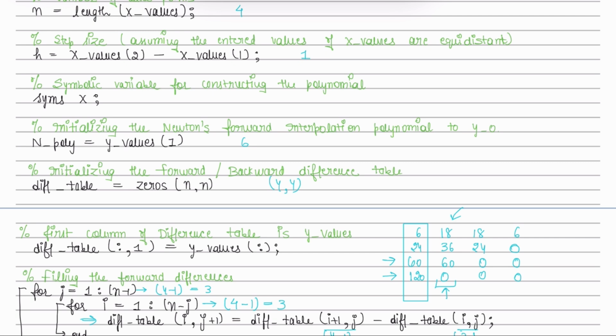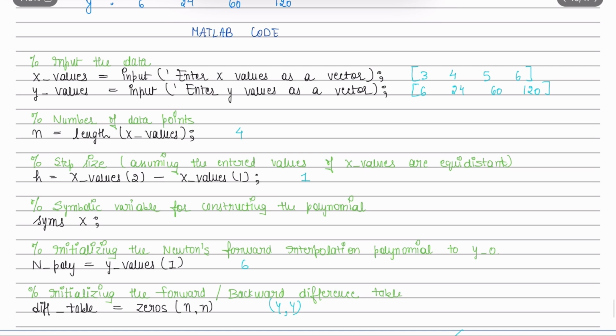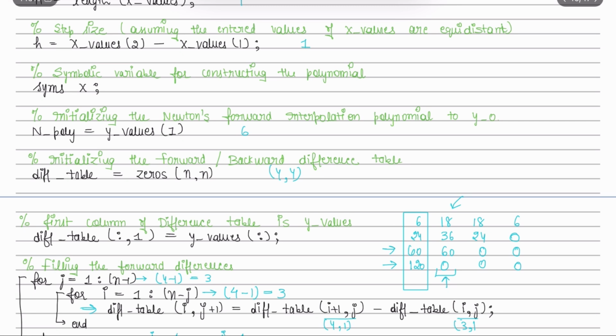Firstly, we will enter the values of x, y's and find the length and h value. Till the symbolic variables it will be the same, but when we initialize Newton's backward interpolation, we will change this index to n. So n_polynomial will be equal to y_values at nth index.